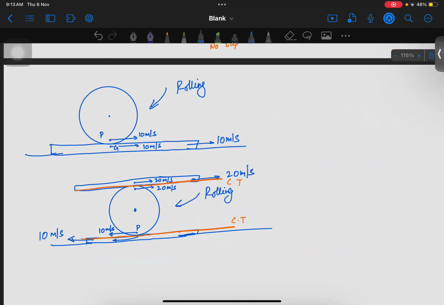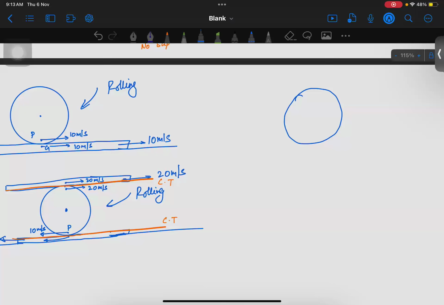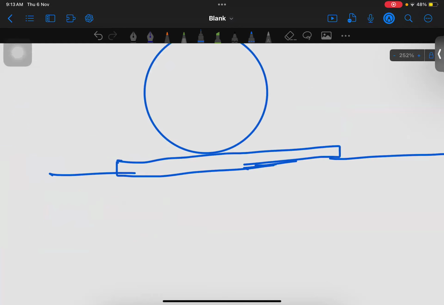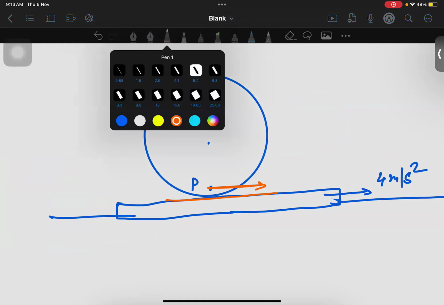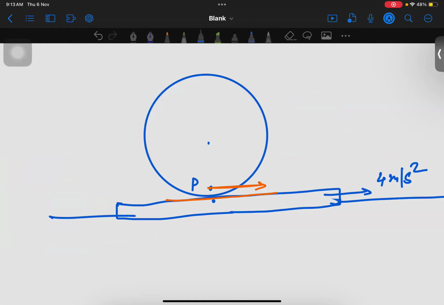Okay, not only is this true, but what if you had acceleration? Well, even then we can have rolling motion. For example, this plank is moving with an acceleration of 4 meters per second squared in this direction. This point along the common tangent, if it were to have the same acceleration as that point of the plank, then we say that this motion is also rolling.